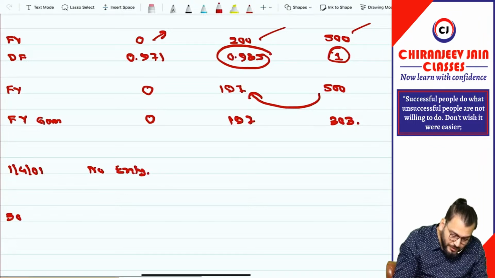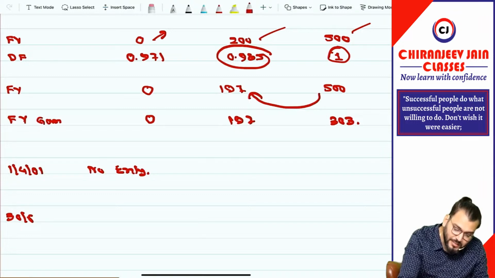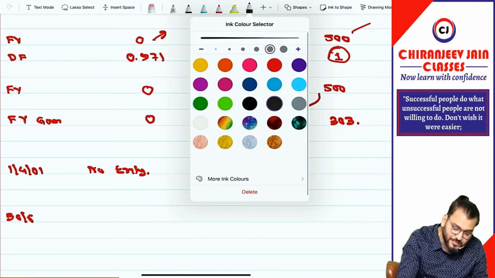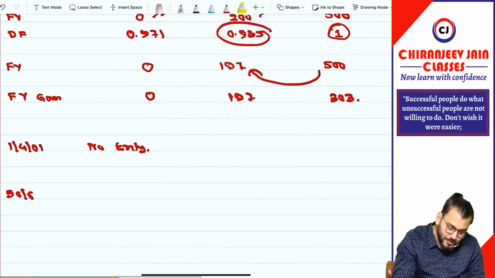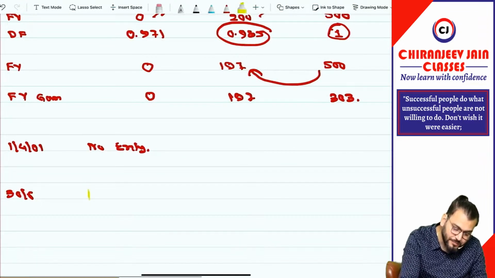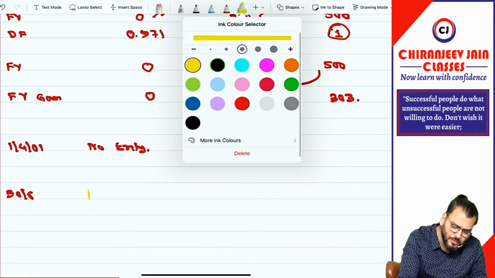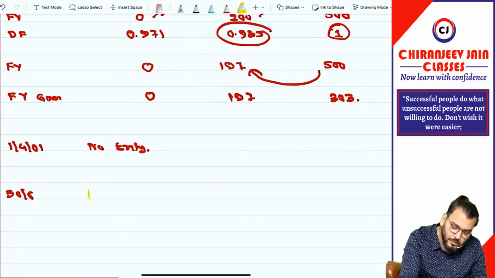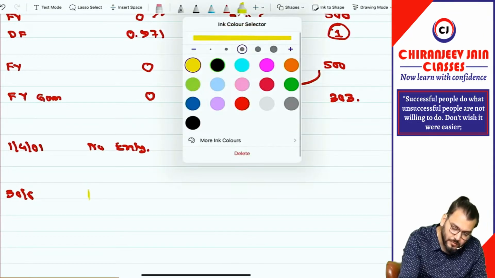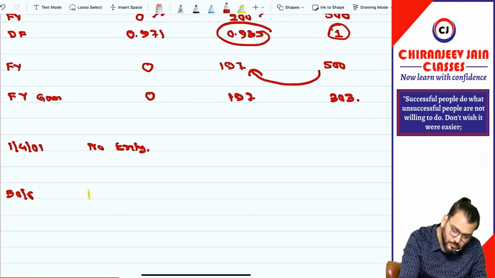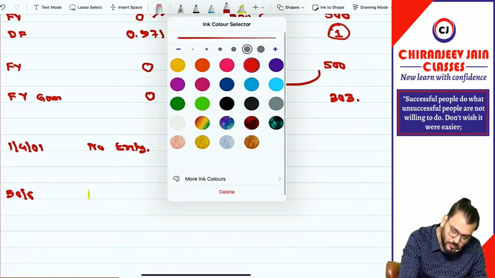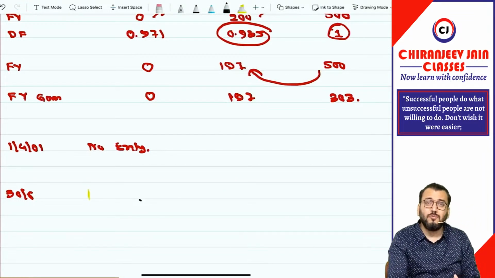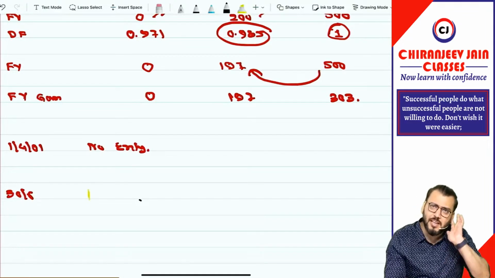Then on 30th June, what journal entry? There is a gain. There is a derivative financial asset. So we'll say derivative financial asset. You can also call it a future contract or financial asset, whatever.